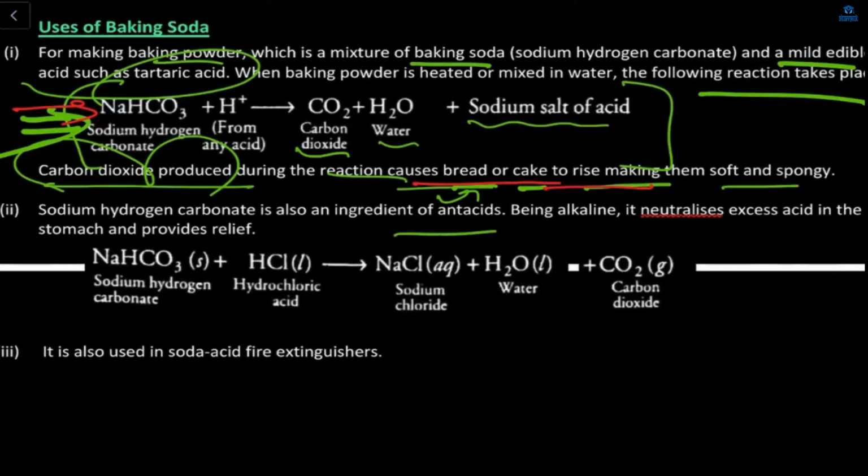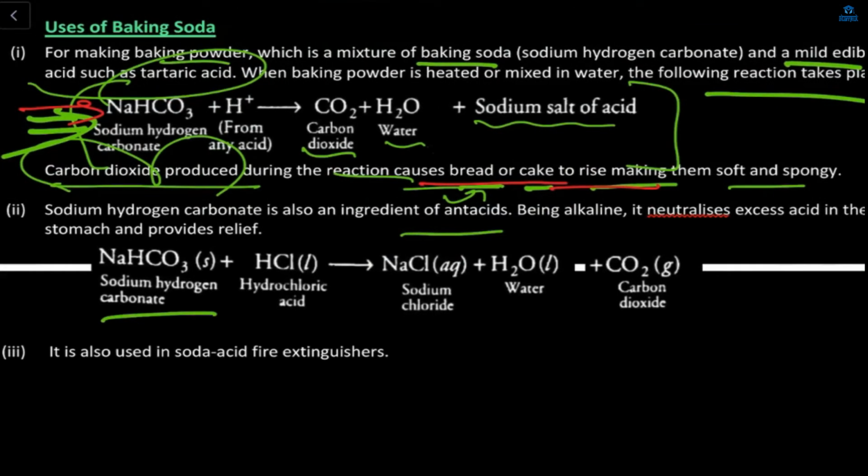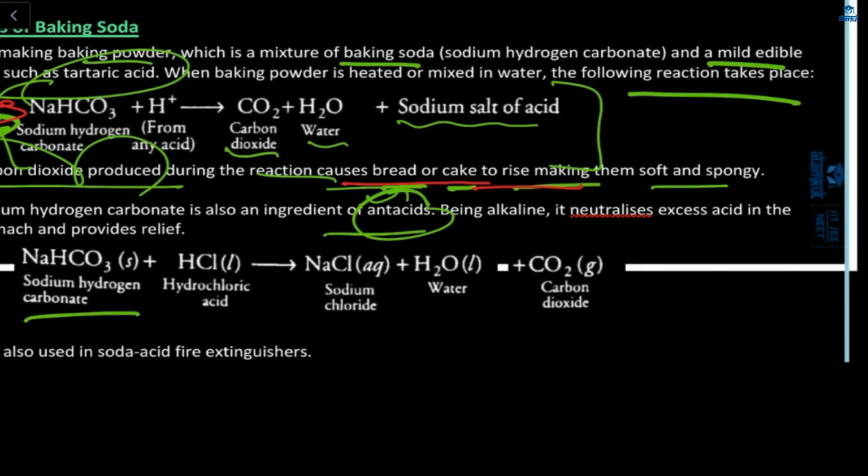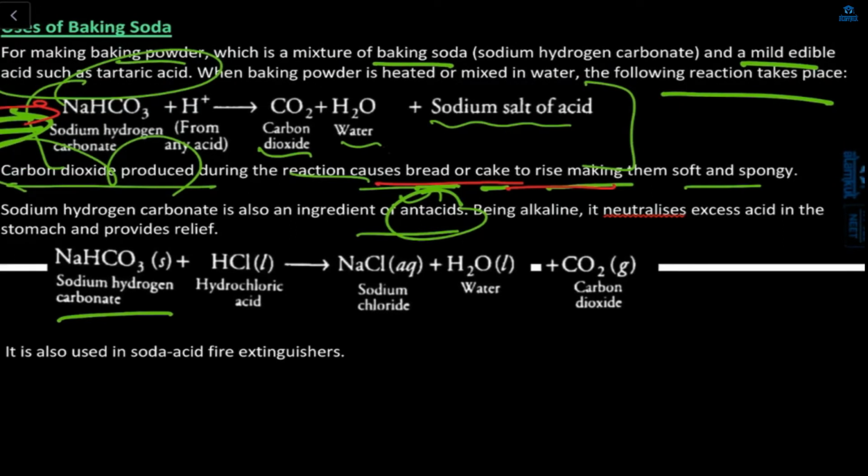Now what is the next point? Sodium hydrogen carbonate, meaning our baking soda, is also an ingredient of antacids. Antacids are basically used to treat our acidity. Being alkaline, it neutralizes excess acid in the stomach and provides relief.